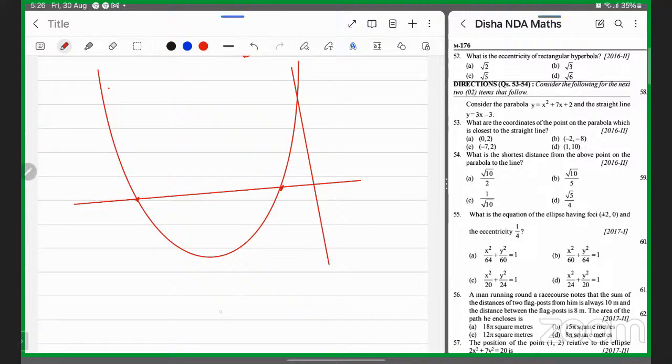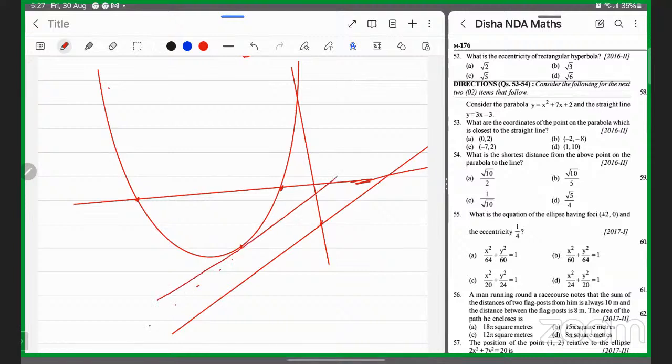Now suppose that this will go like that, right? Slope is 3, minus 3, right? Maybe the point will not be tangent to this, and will not be parallel to this.